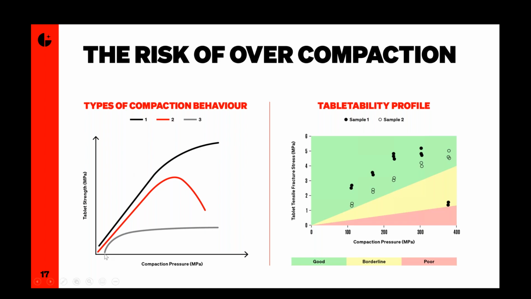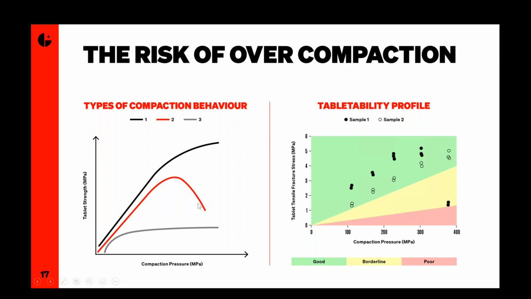Type 3 is the type that you see quite a lot, where you increase compaction pressure and tablet strength increases up to a point, but then it levels off, where you're getting no increase in strength for your pressure. The problem type is type 2, where as you increase compaction pressure, the tablets get stronger and stronger, but only up to a point. And after that point, it falls off a cliff. You actually start weakening the tablets by introducing flaws into them.